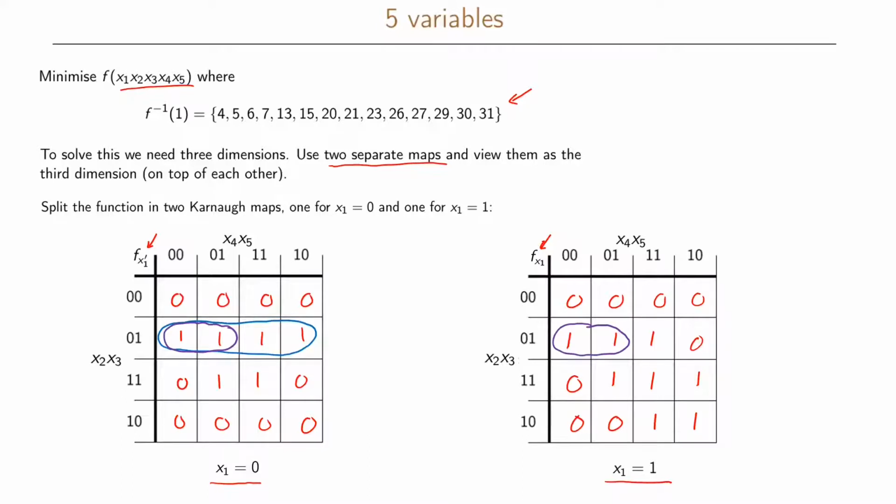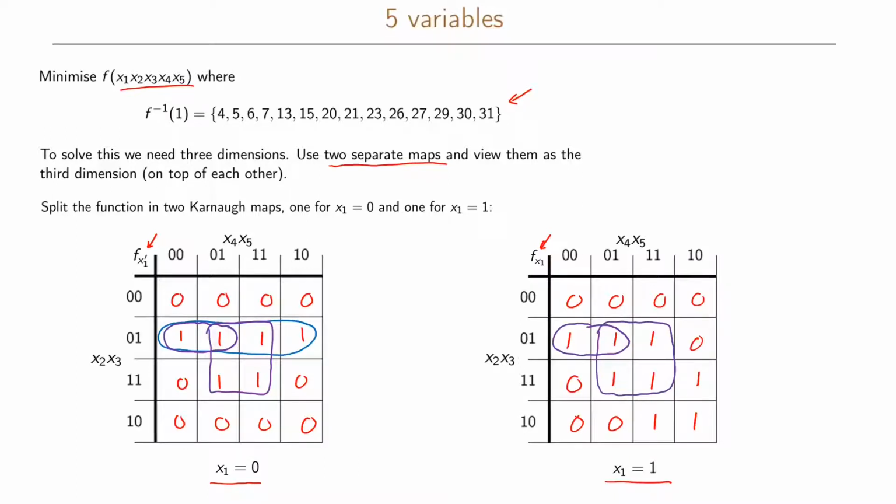Then for the next one we already have 2 prime implicants which cover 4 1s, but if we look at the 2 Karnaugh maps, we can find an even larger one which covers 4 1s in each table, so it covers in total 8 1s.